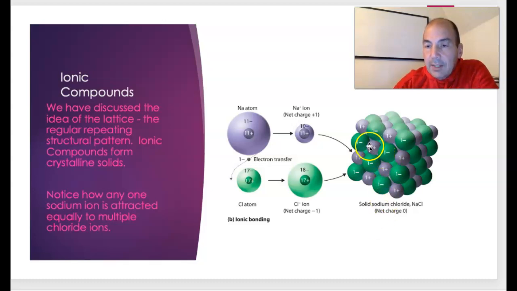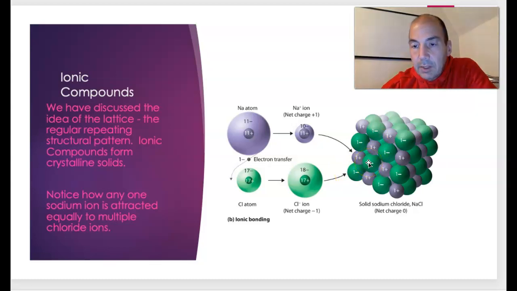This sodium ion is equally attracted to this chloride, this chloride, this chloride, this chloride, and the one behind it. I could say the same thing for this chloride between these sodiums. And obviously, if I took one out of the middle, it would have 6 ions surrounding it.